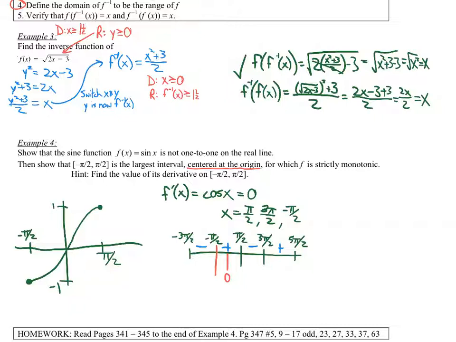If I go out to here and out to here, that's the only interval centered at the origin that is monotonic. It's increasing from negative pi over 2 to pi over 2. If I go any further than those, then it starts to decrease. I have a change in direction, and now we have something that's not 1-to-1 anymore.